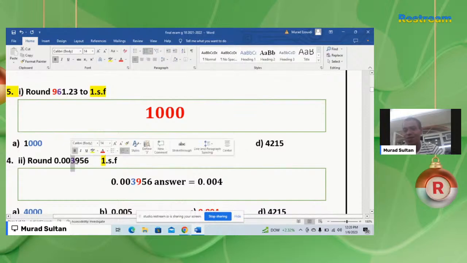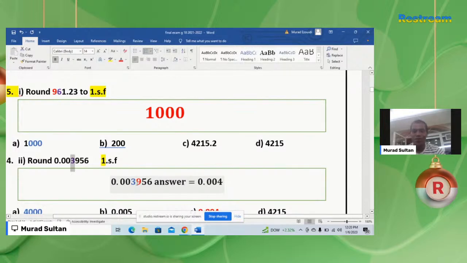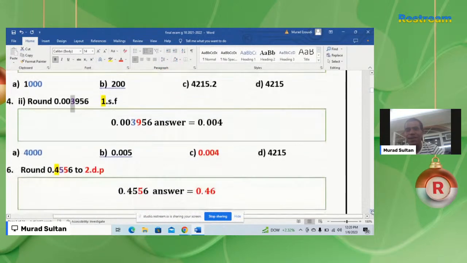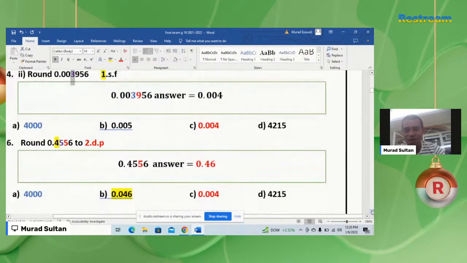So you should work with the second significant figure, which is 9. 9 is more than 5, so we should add 1 to 3, and no need to write the rest. It will be 0.004, simply because the second significant figure is more than 5. Okay, now we continue. The correct answer here is 0.004.